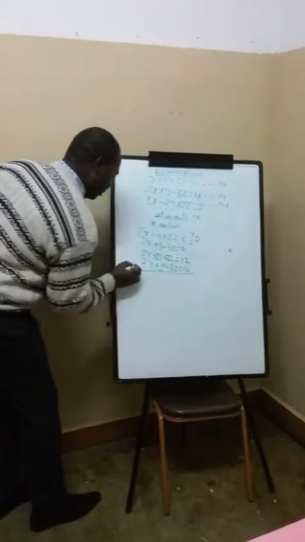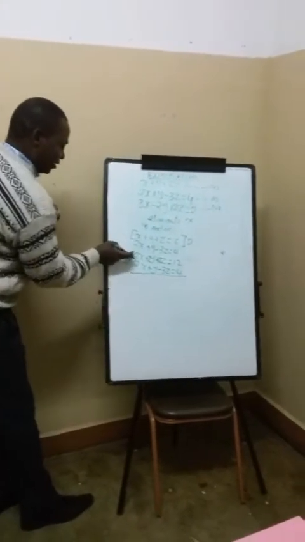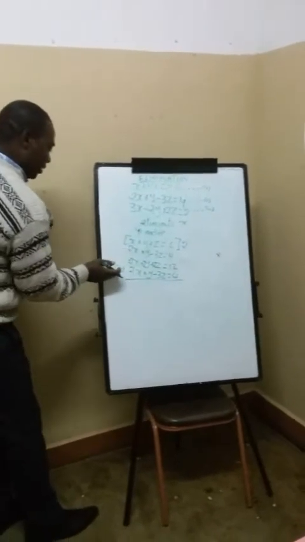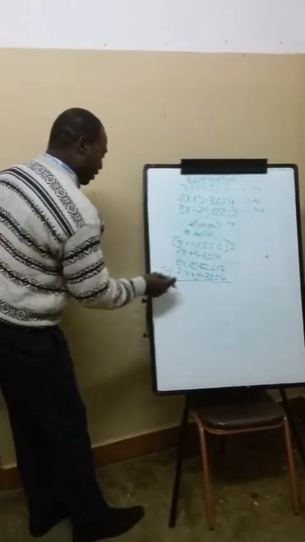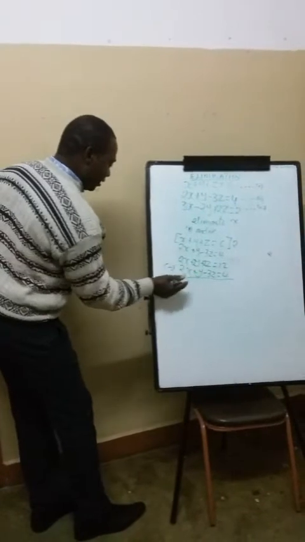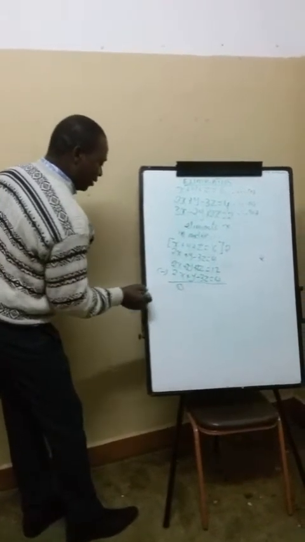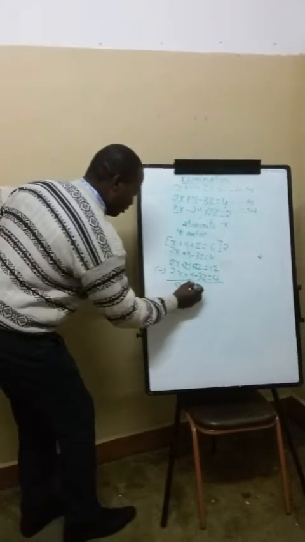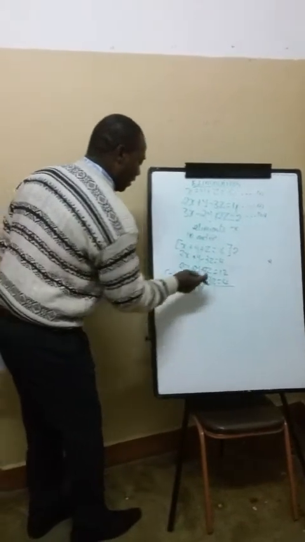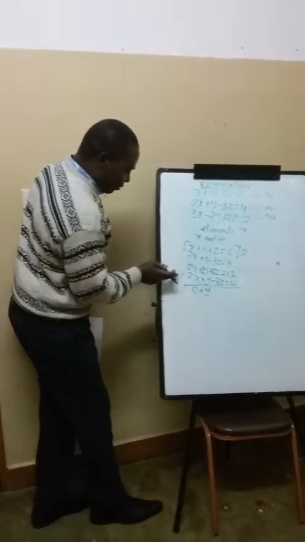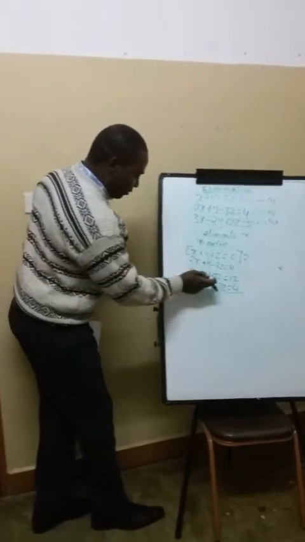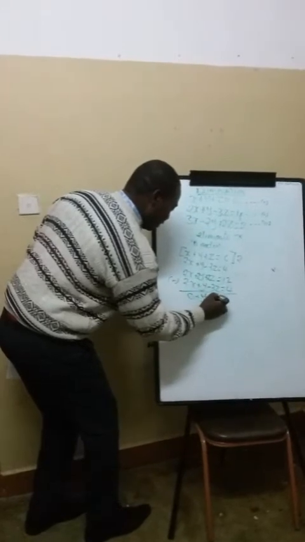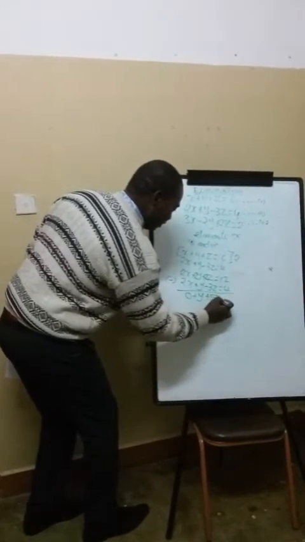We're going to use subtraction because this one is positive 2x, also this one is positive 2x. If you use the subtraction sign, these will be eliminated. 2x minus 2x, we get 0. 2y minus y, we get y. 2z minus negative 3z, we get positive 5z.